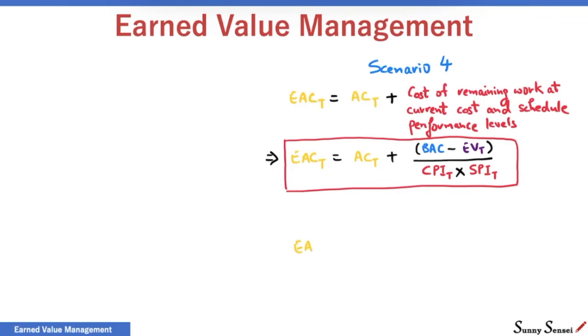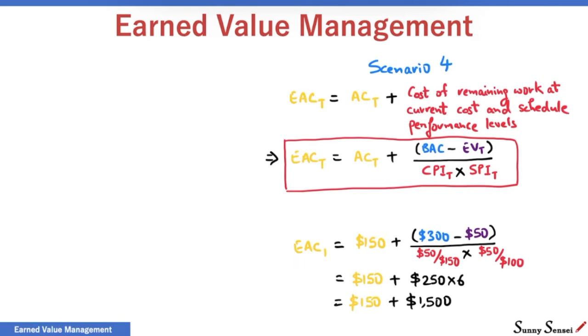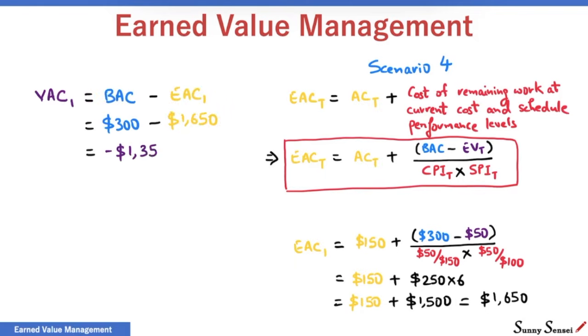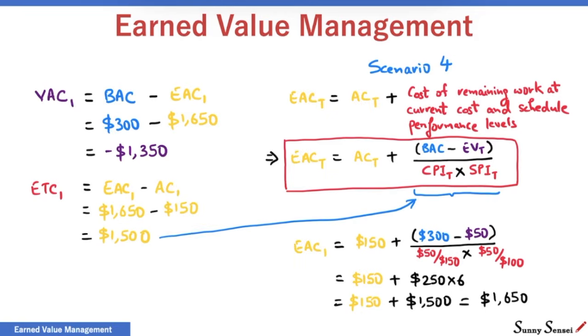Using the formula, the estimate at completion for our example project is $1,650. Variance at completion is minus $1,350. Finally, the estimate to completion is $1,500. This value is the cost of remaining work, the second term in the formula for EAC.